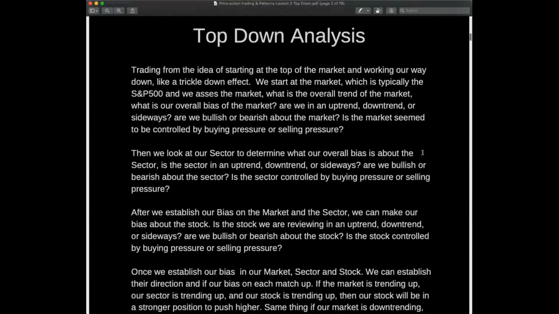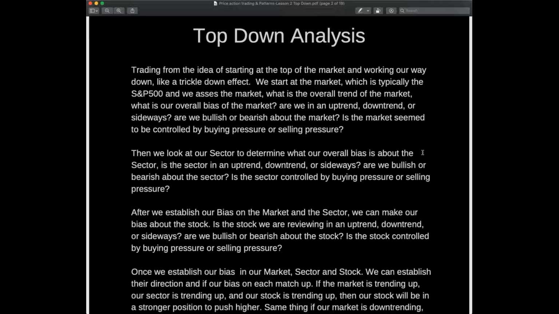Top-down analysis. Trading from the idea of starting at the top of the market and working your way down, like a trickle-down effect. We start at the market, which is typically the S&P 500, which is /ES, and we assess the market. What is the overall trend of the market?